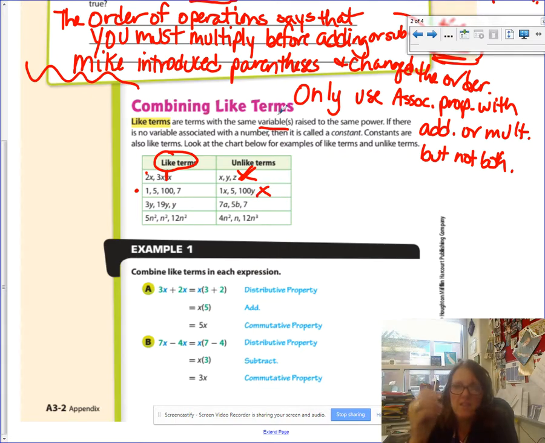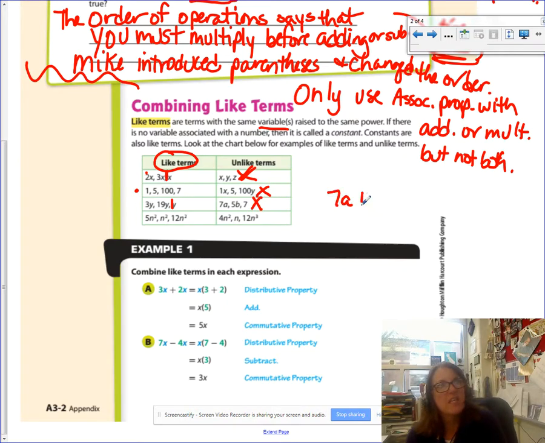You have to have the same exact variable. 3y, 19y, 1y. Put a 1 there. Those all have the same variable to the same power. Look over here. 7a, 5b. Plain old 7 with no variable. Those are all different. We can't combine them.